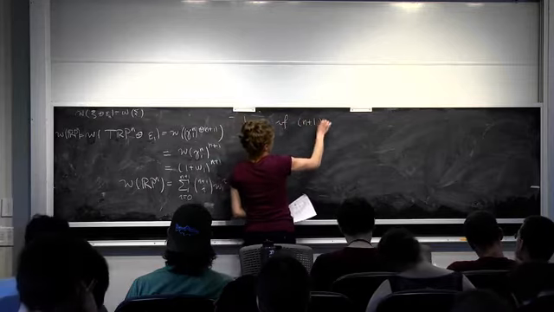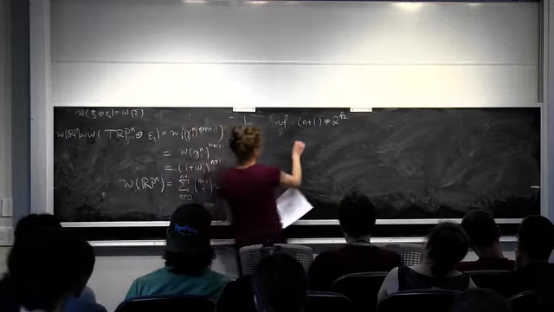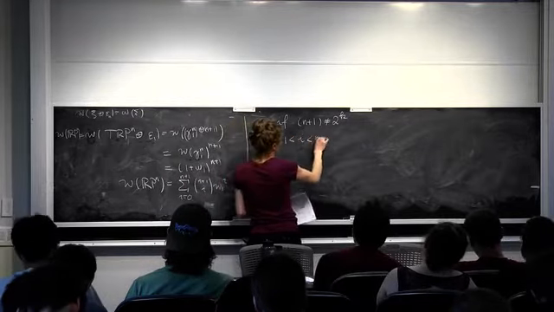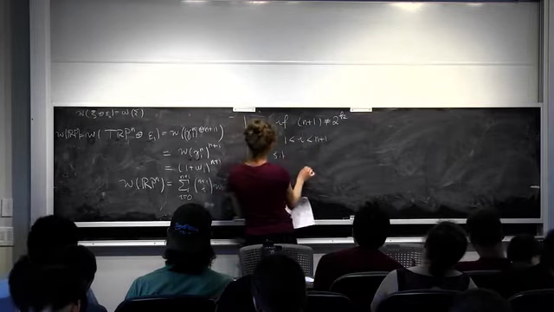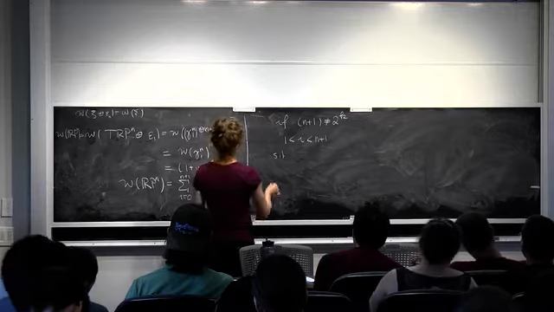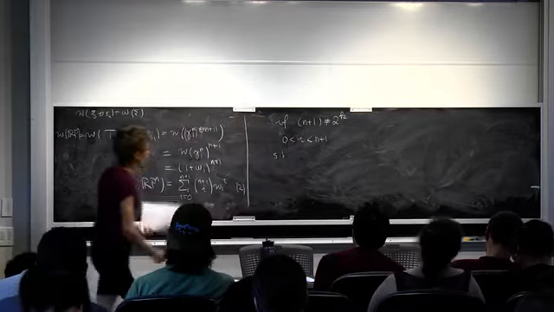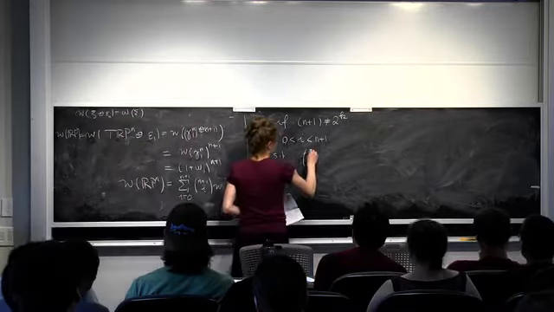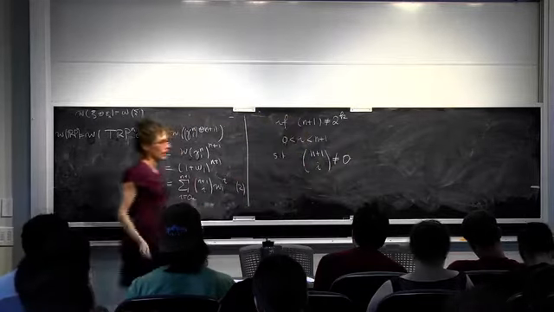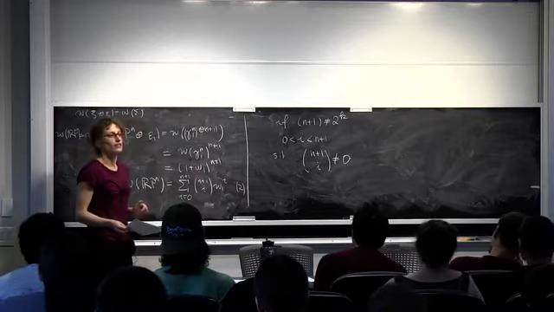If n plus 1 is not 2 to the k, then you're going to have an integer i between 1 and n plus 1, meaning 0 and i, 0 and n plus 1, such that the binomial coefficient of n plus 1 choose i is not 0. Just check that. If you're not a power of 2, one of these things is going to be non-zero.